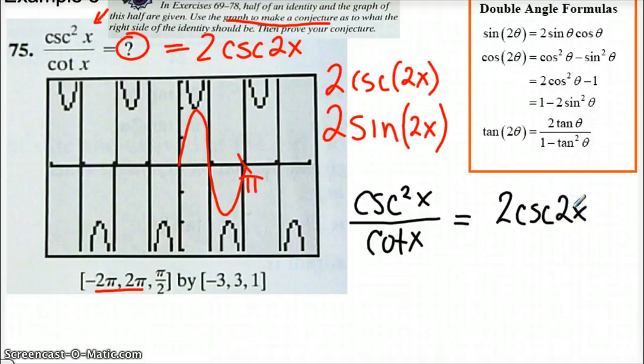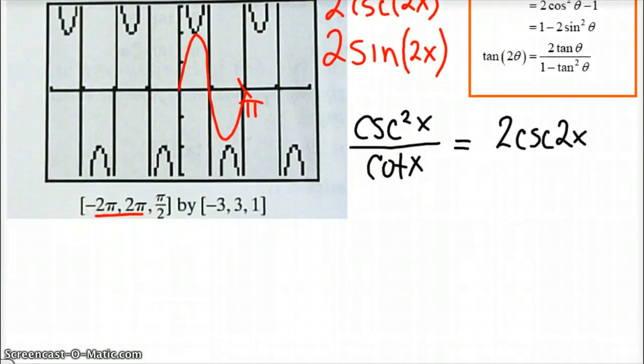Okay, so we know that we don't have any double angle formulas for cosecant and cotangent, but I'm going to work with changing these to sines and cosines over time. But one thing I do notice is that this has a cosecant squared. In your Pythagorean identities, there is one that relates cosecant and cotangent. So be prepared to recognize those.